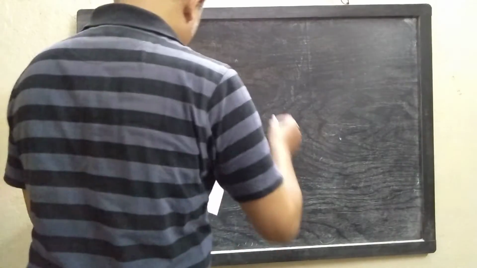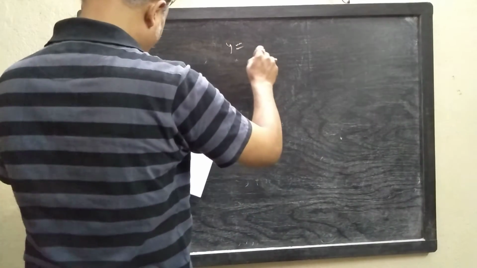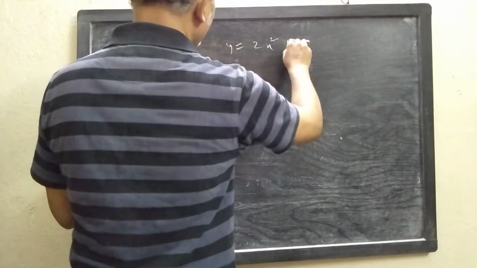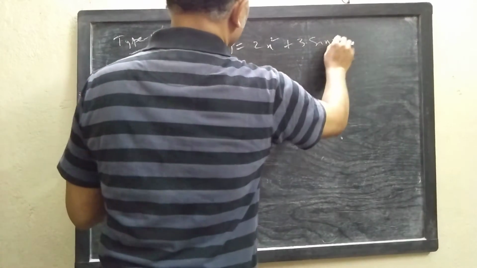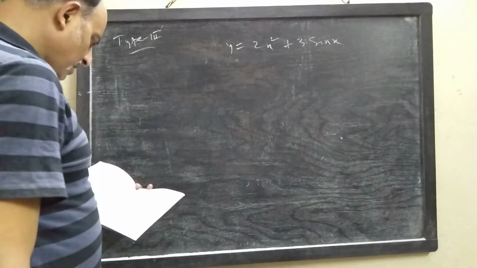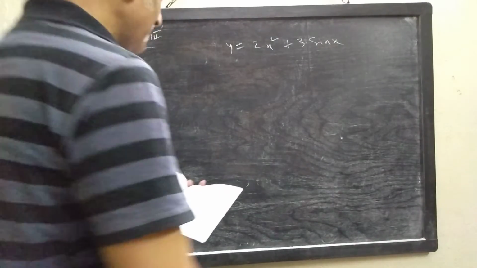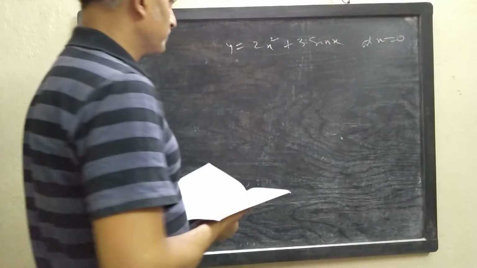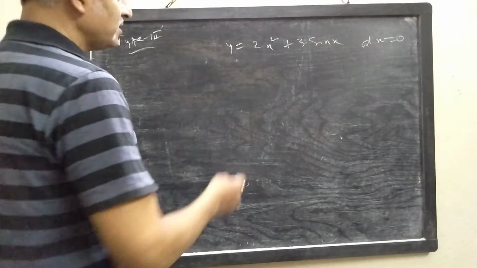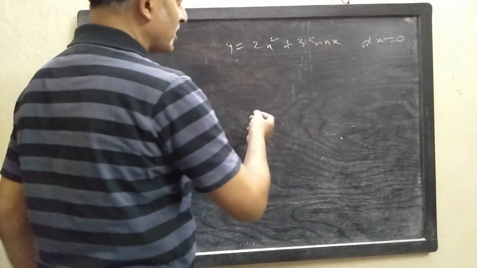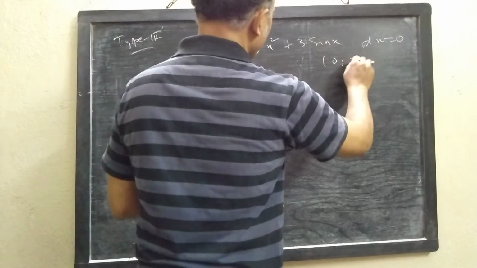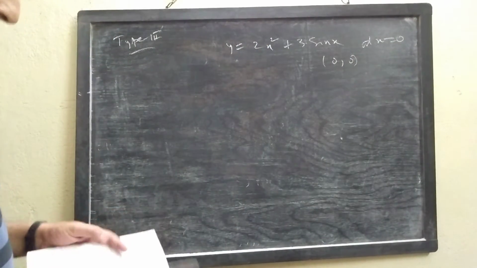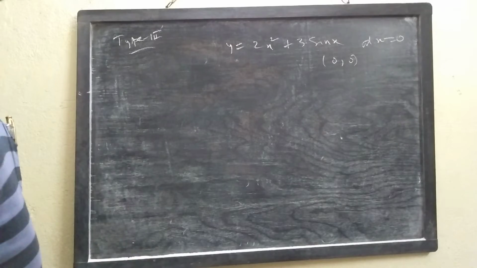Look, here the curve is y equals 2x square plus 3 sin x, and you are asked to find the equation of the normal to this curve at x equals 0. If you put x equals 0 here, you get y equals 0. So ultimately the point becomes (0, 0). You have to find the equation of the normal to this curve at this point.